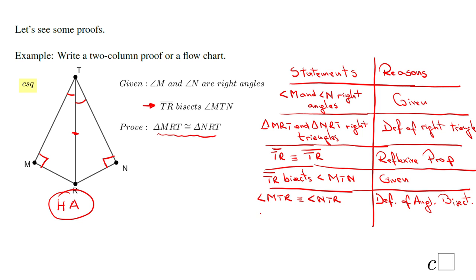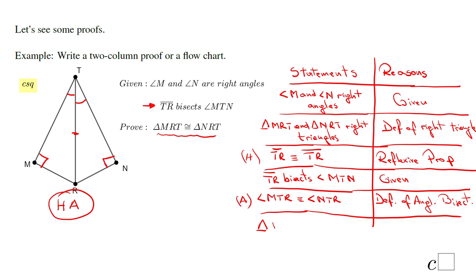So now we list what we're supposed to list. This is the hypotenuse and this is the angle, right? If you think it helps you, put it there, and you know now it's hypotenuse-angle. So now I can really finish this proof.